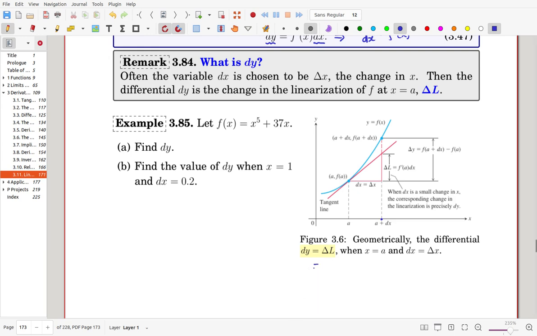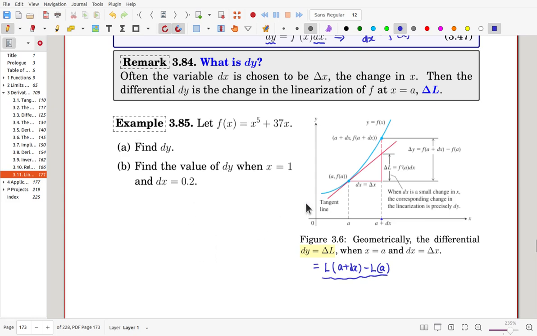That means if we write L at the endpoint, a plus dx, minus L at a, that is a change in L. So that is dy. So once you choose dx to be delta x, dy is just the change in the linearization, so it is a sort of continuation of linearization.